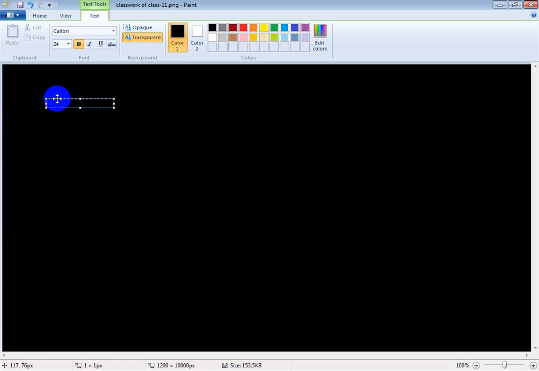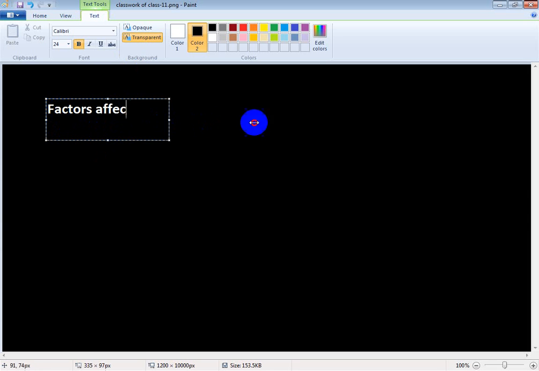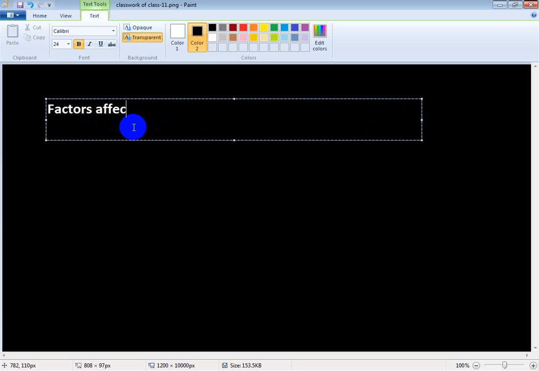Okay, factors affecting the rate of reaction. I am spelling affecting wrong here.